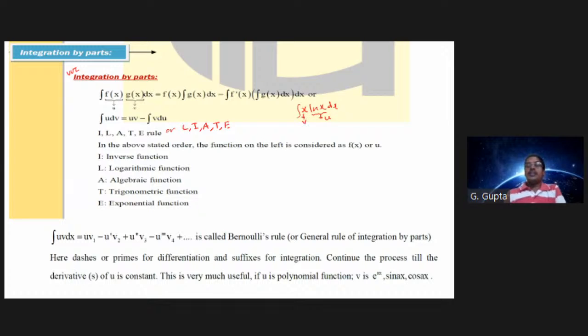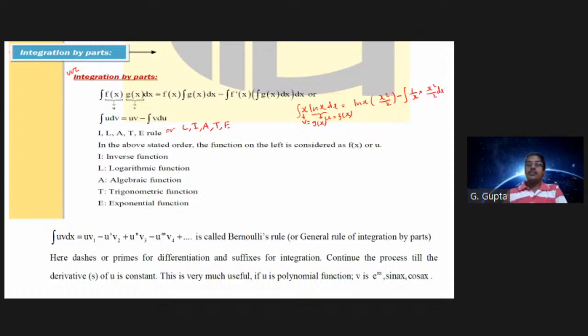Now this is nothing but f of x, and this is nothing but g of x. So f(x), that is log x, times integral x dx, where the integration of x with respect to x is x square by 2, minus integral of f dash x, the derivative of log x with respect to x, which is 1 upon x, into the integration of g(x), that is x square by 2.